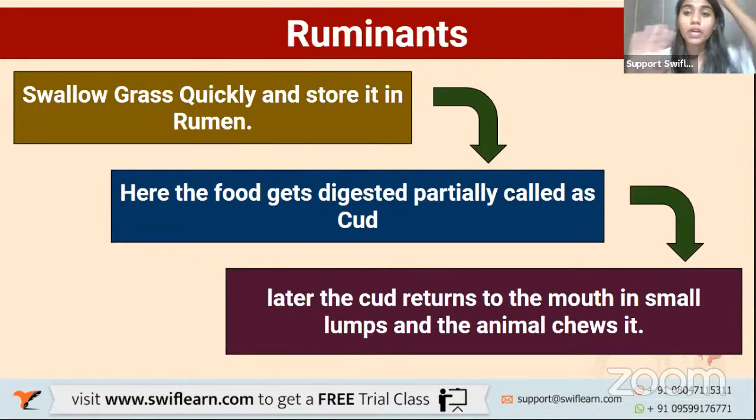Partially means not fully. This partially digested food is called cud. Now this cud later enters the mouth back. It comes back into the mouth as small lumps, and the animal continues chewing it.